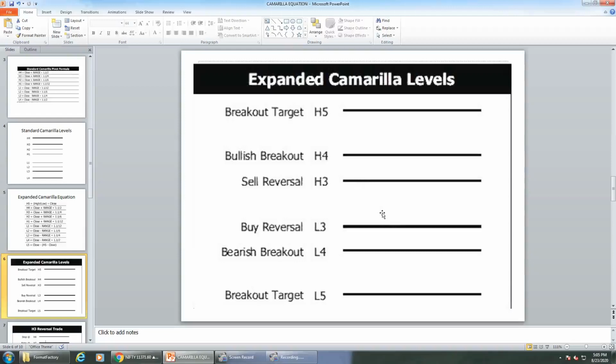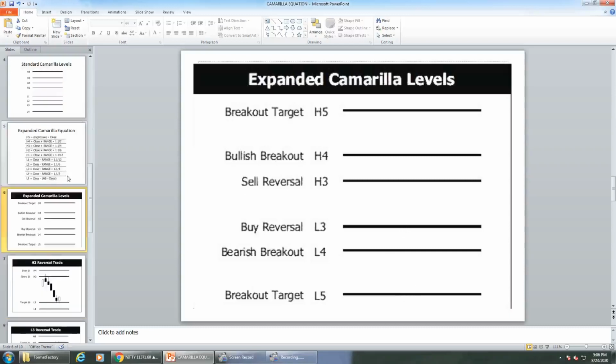So you need to concentrate only on the selling side when it reaches H3, and when it reaches H4 you can look for a breakout at the H4 line, and the target should be H5. Similarly, when price reaches L3, you can see a reversal and you can place a long, and H3 is the target and L4 is the stop loss. Similarly, when price reaches L4 and breaks the L4 line, you can expect the price to move to L5, and this is the target. H4 will be the stop loss.